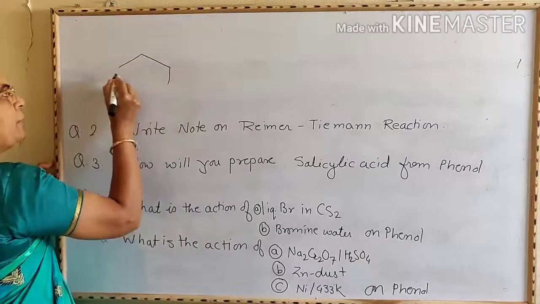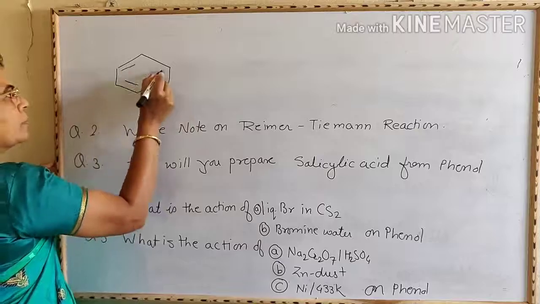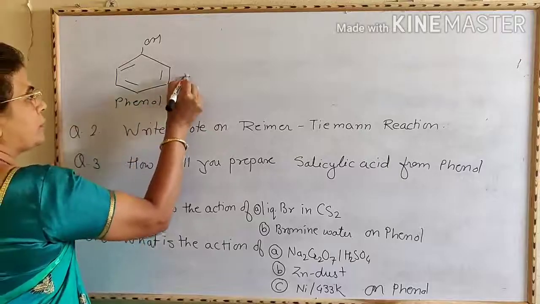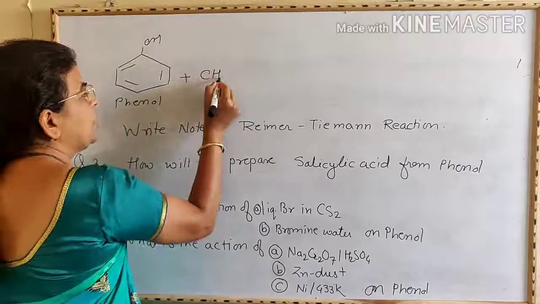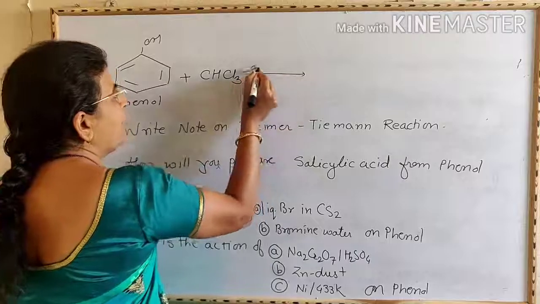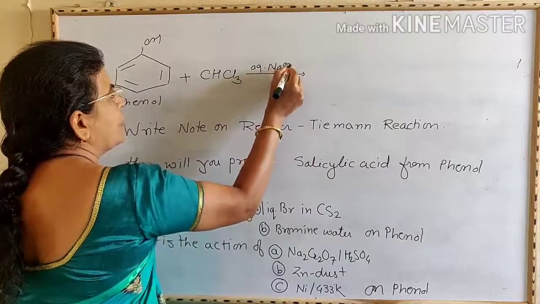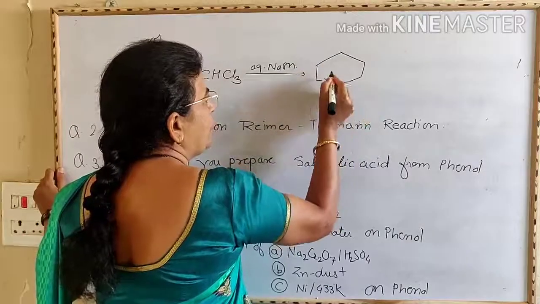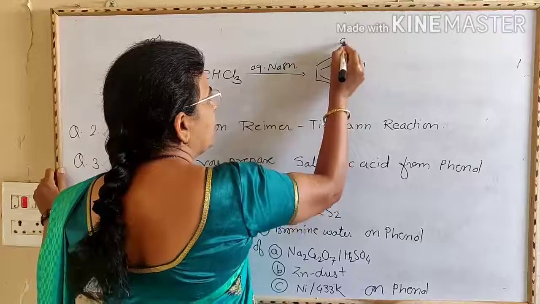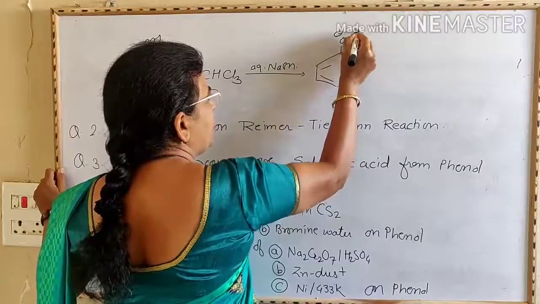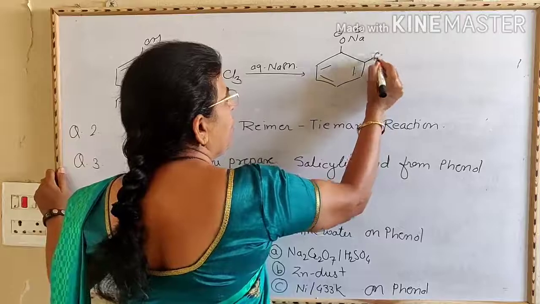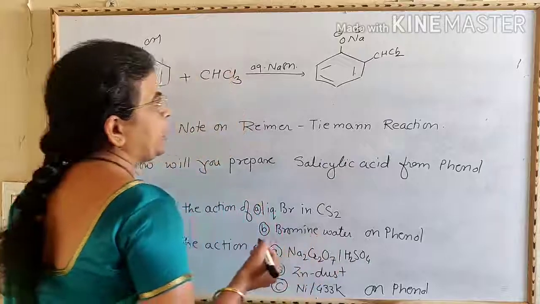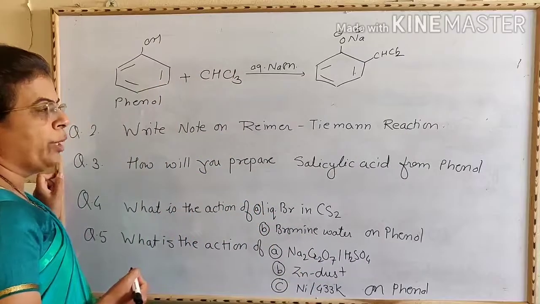When phenol is treated with CHCl3, that is chloroform, in presence of aqueous NaOH, then formation of an intermediate takes place, that is O minus Na plus, sodium phenoxide, and at its ortho position there is formation of CHCl2, that is, this group is attached to the ortho position of sodium phenoxide.